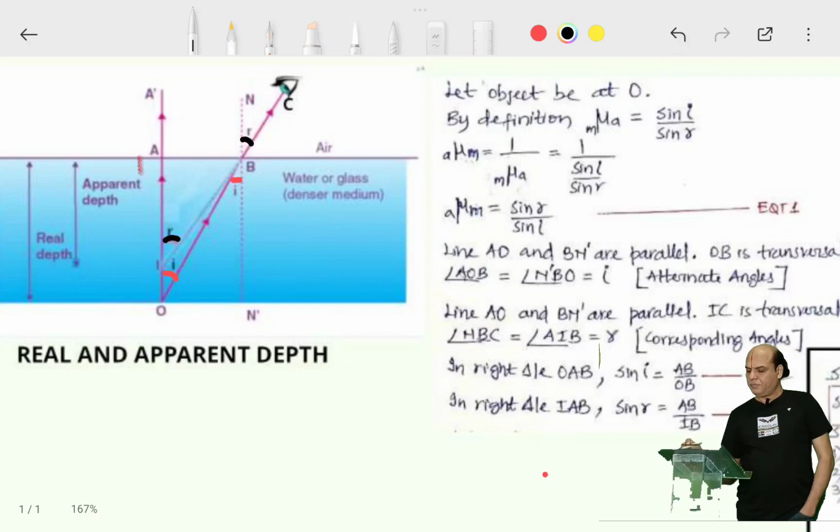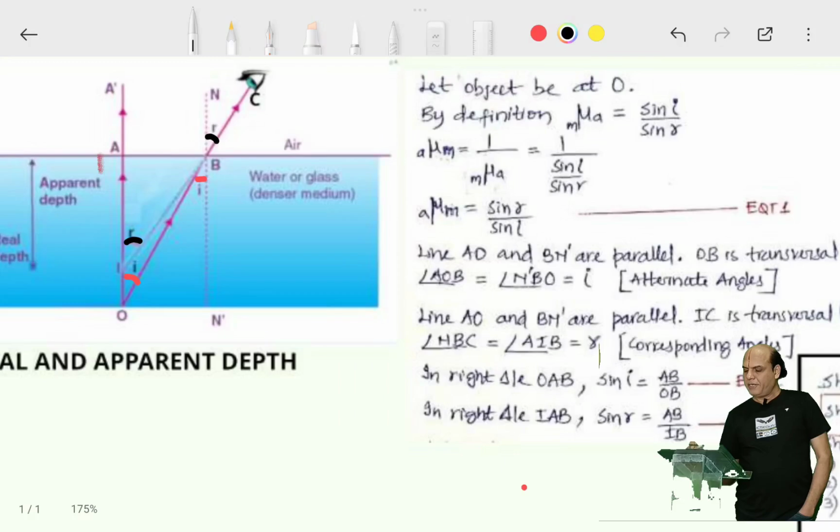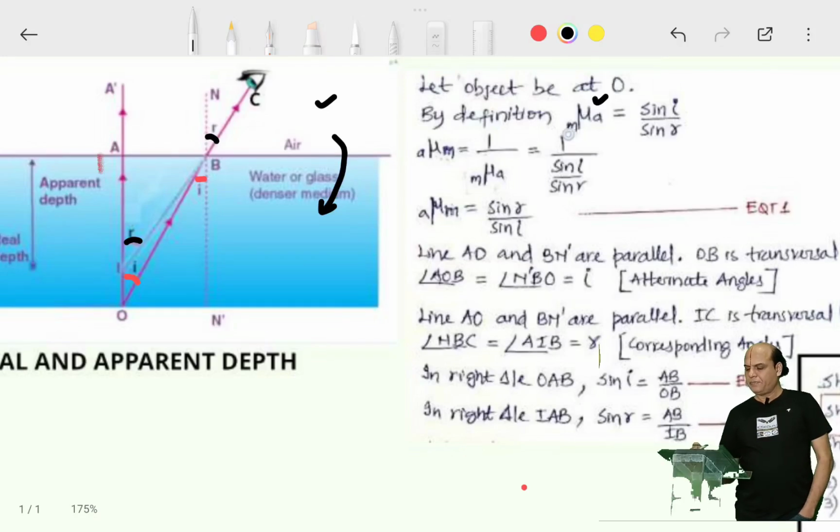Now look at the right side. So by definition, the refractive index of air with respect to water. So first is air, second is water. This is true for any denser medium, so I have taken it in general as medium. So the light ray is moving from denser medium to rarer medium.